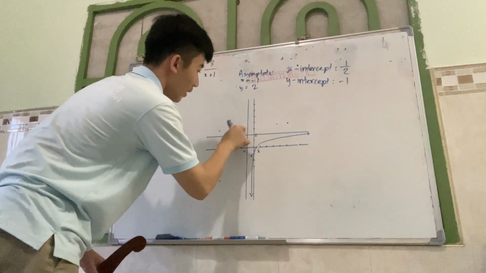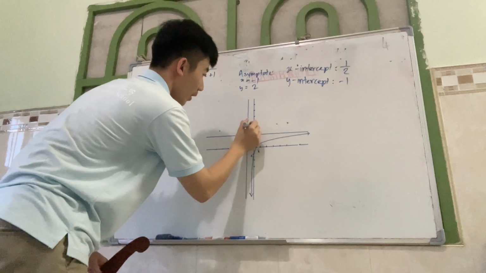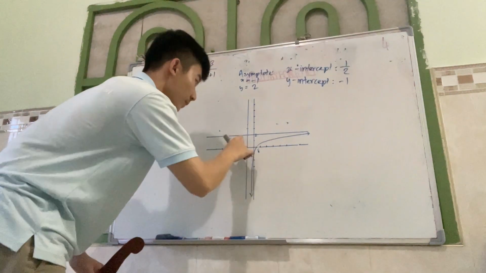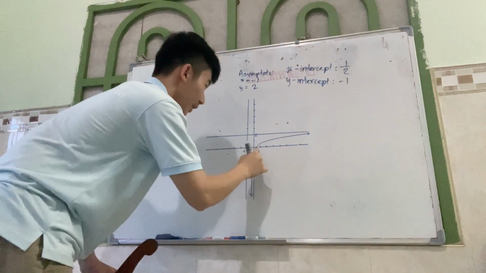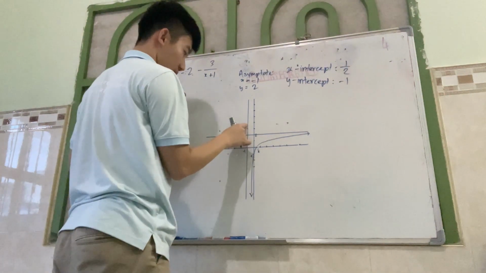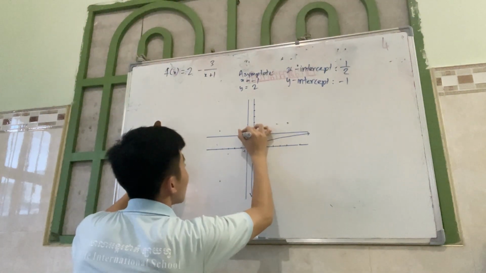We will reflect like this. This is 1.5, so it's also 1.5 on the other side, and go down by 2. You mark it.